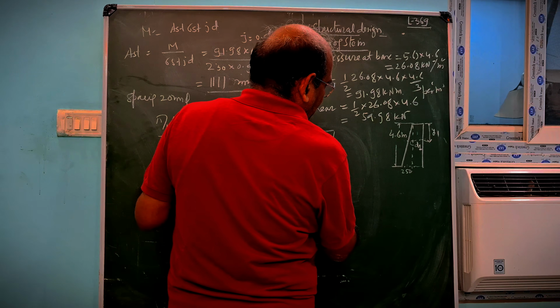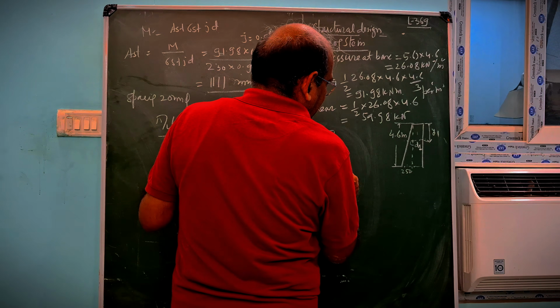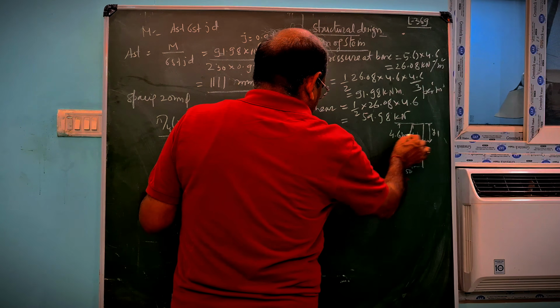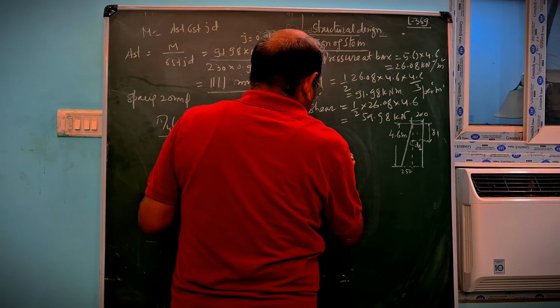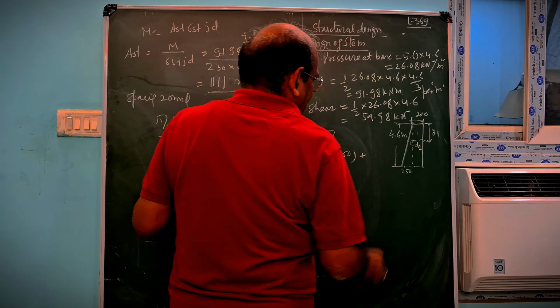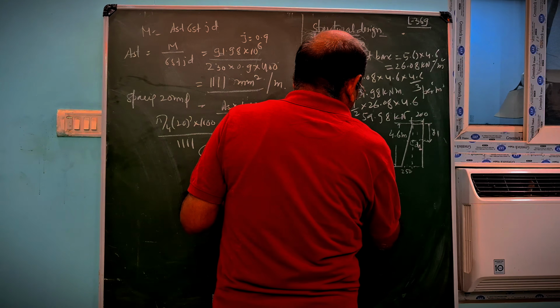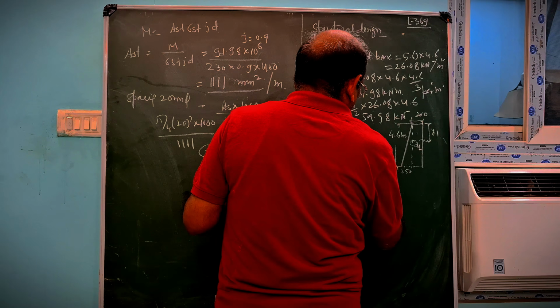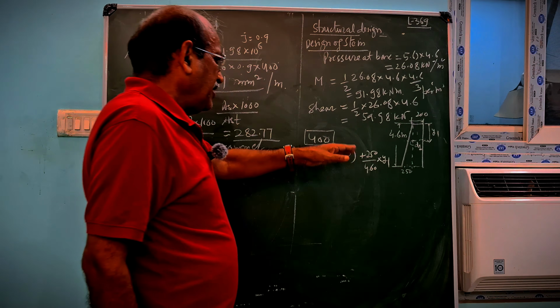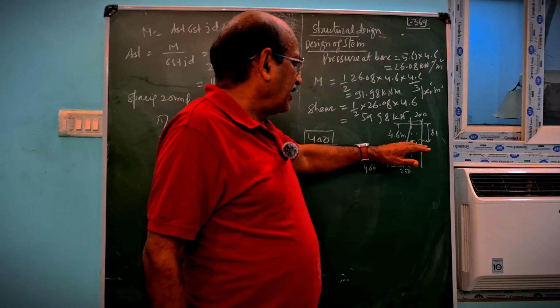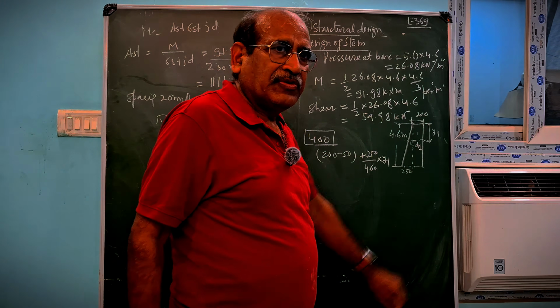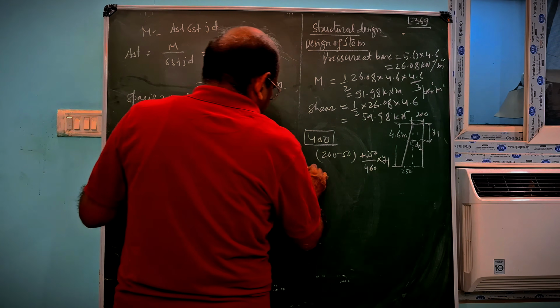Required depth will be this value is 200, this is 200. So if you take cover 50 mm plus this d1 equals 250 upon 4.60 into y1. So this will be your d1 at y1 distance where you curtailed.